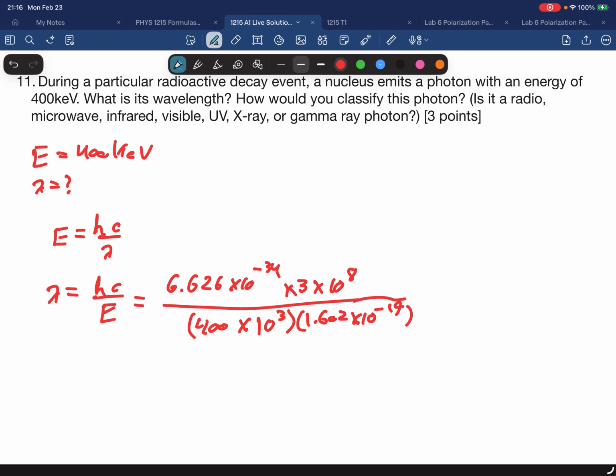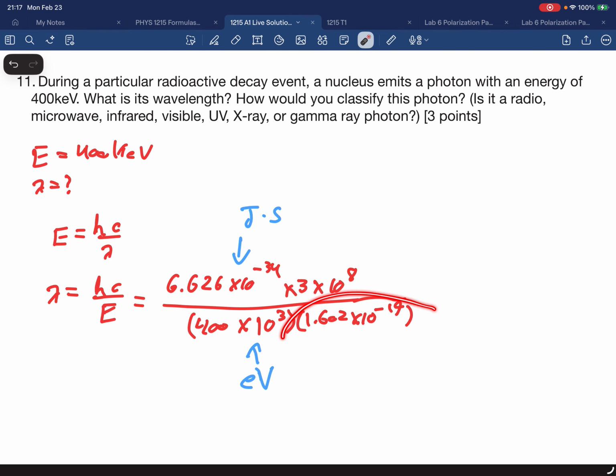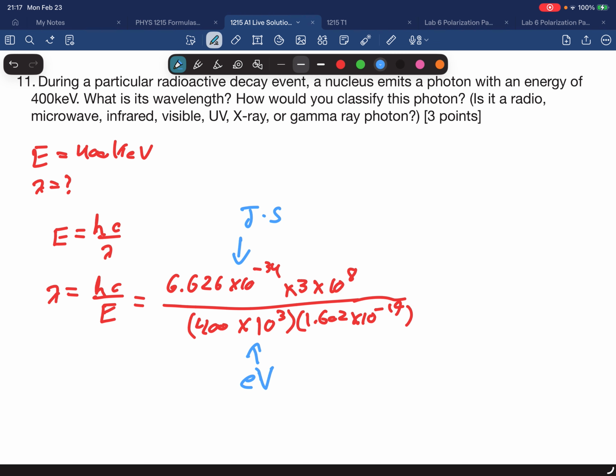Reason being, Planck's constant has units of joule seconds, and our energy here was units of electron volts. So we need to convert either the top to joule seconds or the bottom to electron volts. Either way, no matter how you do it, you're going to end up with this extra factor down here. Try it both ways. Show it to yourself if you would like.